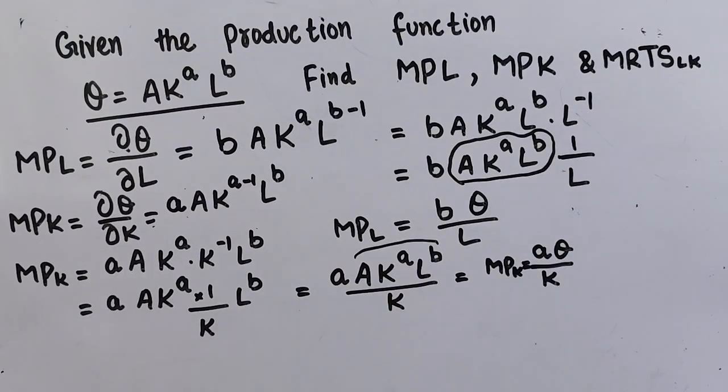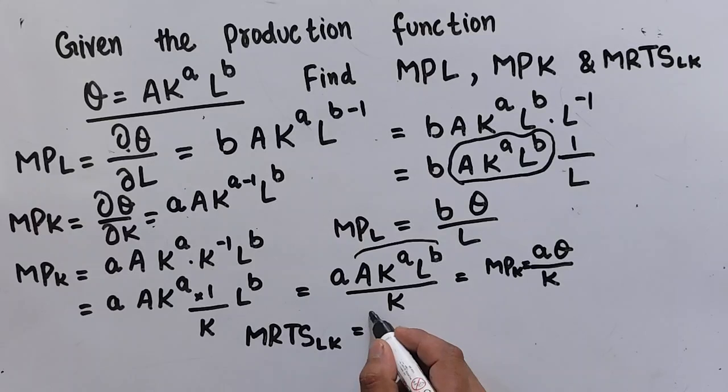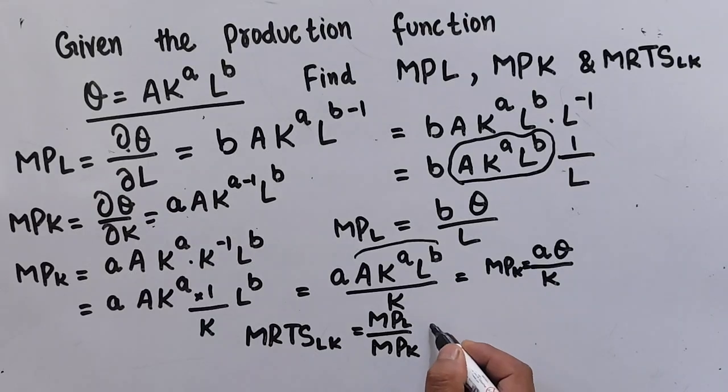Now we need to find the marginal rate of technical substitution between labor and capital. It is simply the ratio of the marginal product of labor and the marginal product of capital.